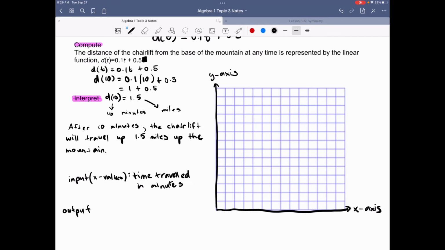As for the output, these are our y values, which was after inputting any variable in our t, and then we would end up with the distance. So kind of like the computing part.